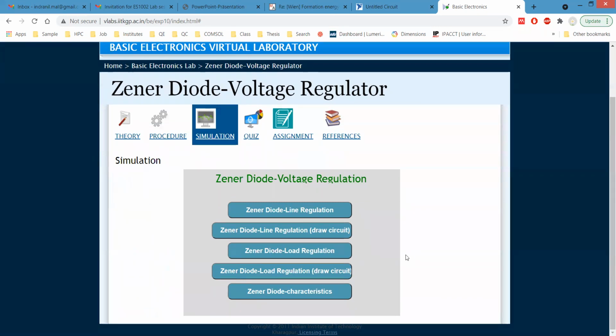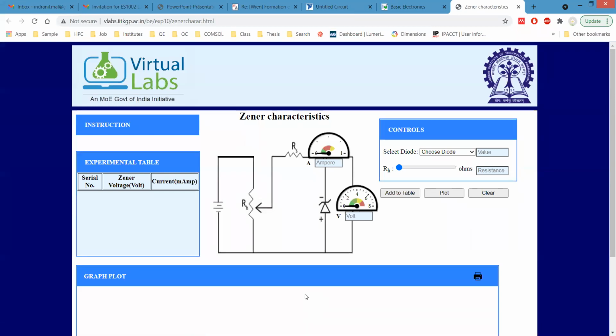Okay, good. So first of all, we will study the Zener diode characteristics. Then line regulation and load regulation. So the circuit symbol for a Zener diode is something like that.